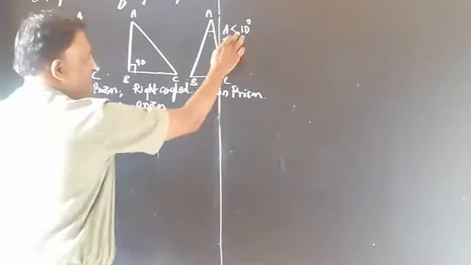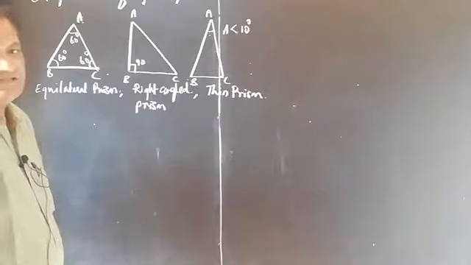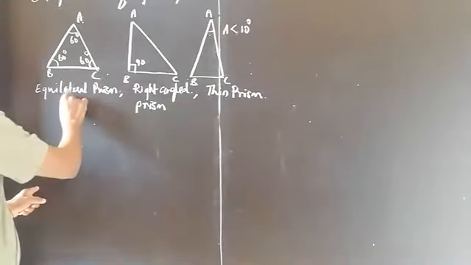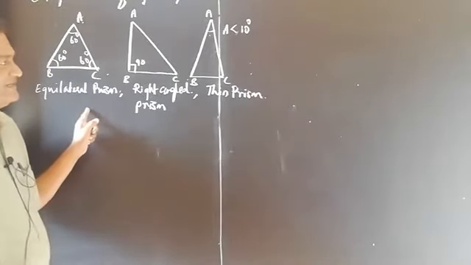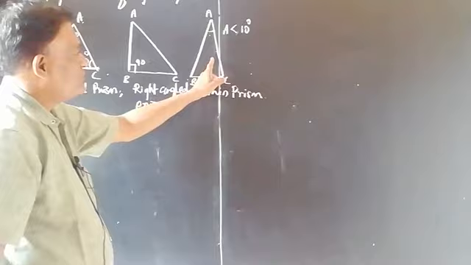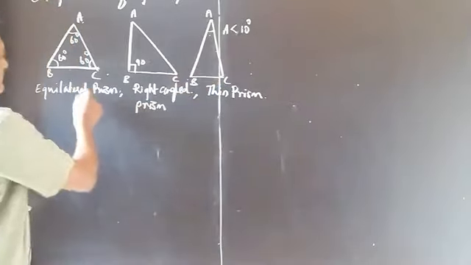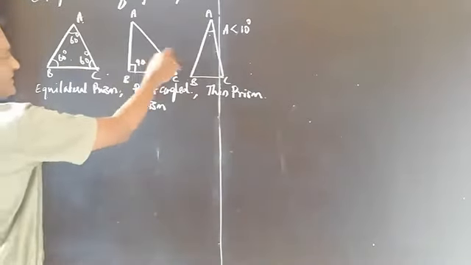If the angle of the prism is less than 10 degree, then the prism is said to be thin prism. The deviation produced by these prisms is a bit large, 35 to 40 degree, whereas the deviation produced by thin prism is very small.